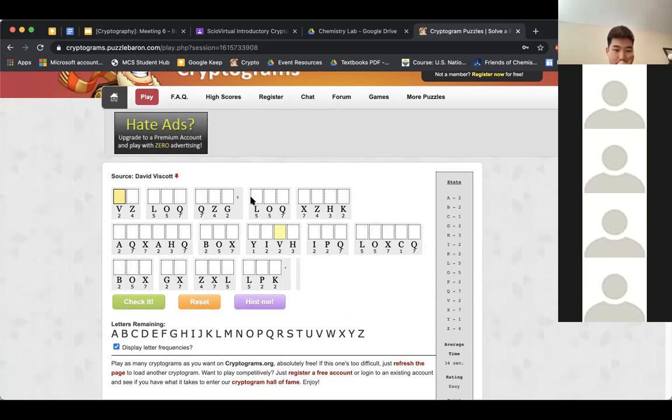We've got a common word pattern here. You can probably guess what this word is too. Box is there twice. It's pretty common.